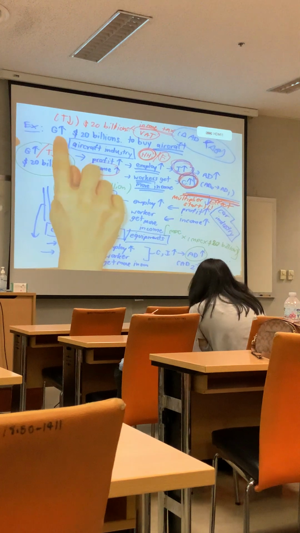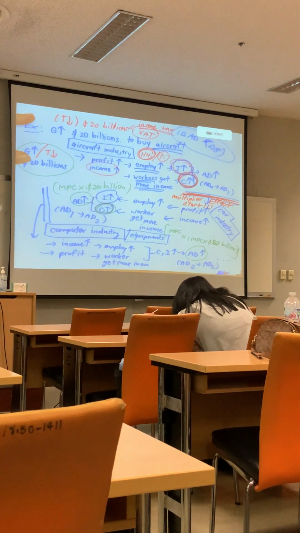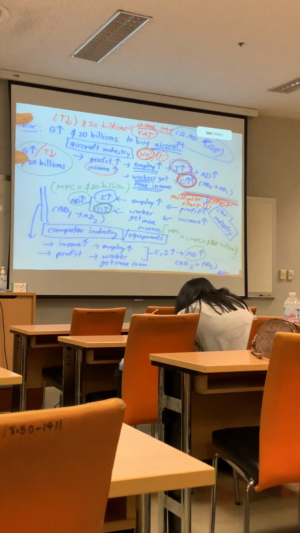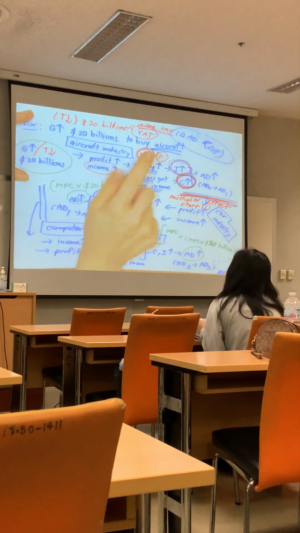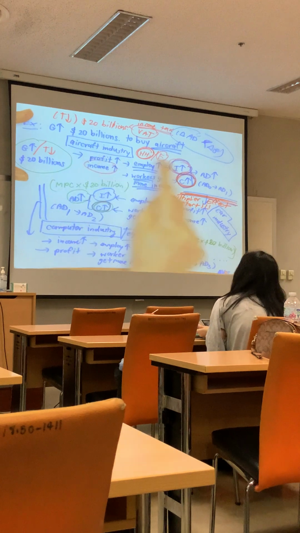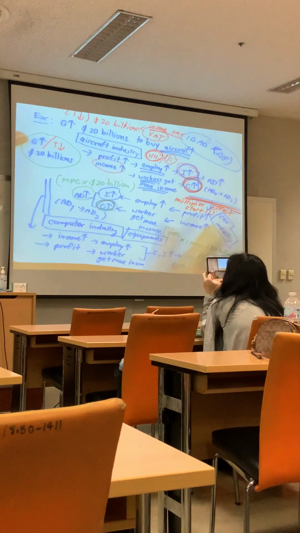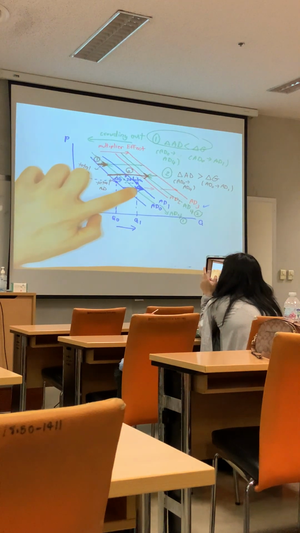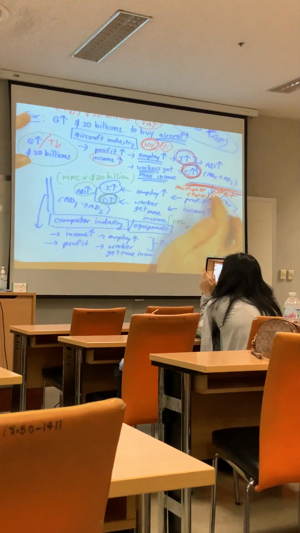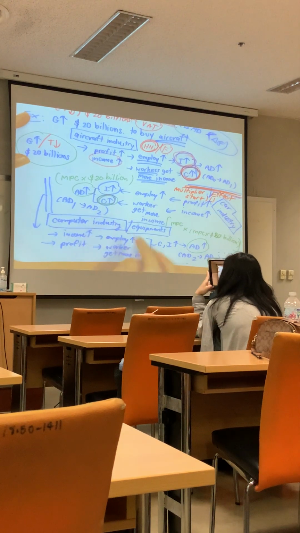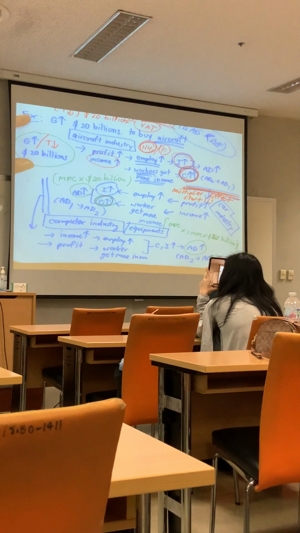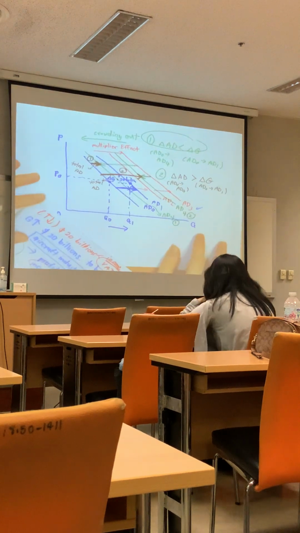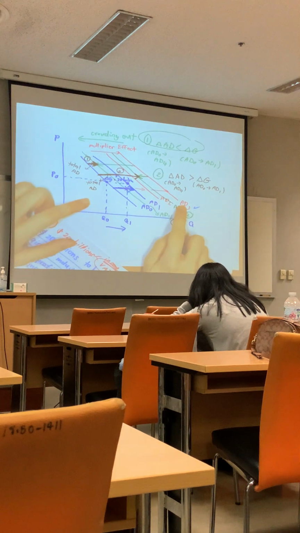G increases by 3 billion. They already tell you about the police industry, police cars. So you first shift AD the first time in the police industry. Then you draw your graph. After that, you continue to any other industry, and we shift AD a second time, a third time, AD 2, AD 3.